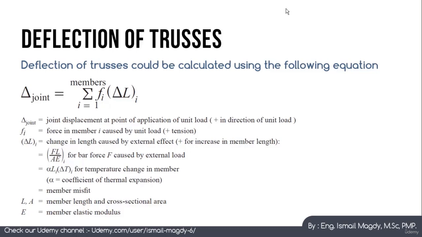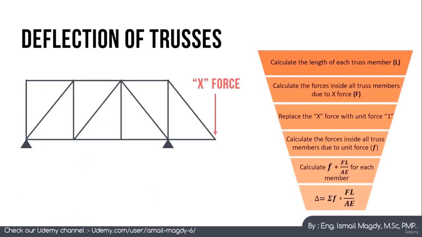I will show you now how to use this formula to calculate the deflection at any point on any truss. The process of solving any problem goes through the following flowchart. First, we calculate the length of each truss member. Second, we calculate the forces inside all of the truss members due to the X force, which is whatever external forces we have. After that, we replace this X force with a unit force, which is 1.